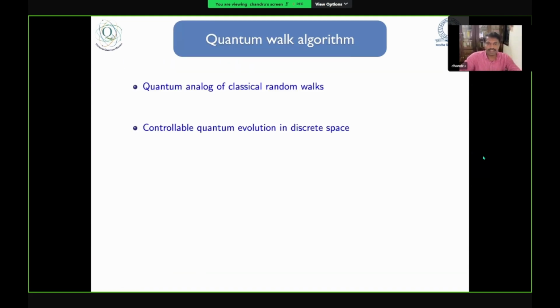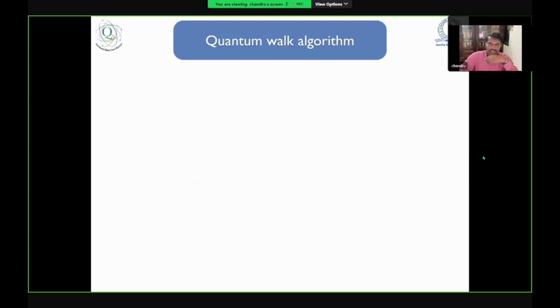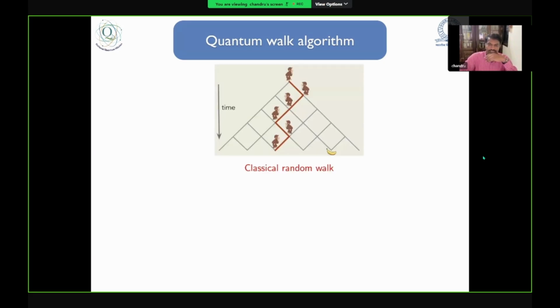In a similar way, and in the interest of time I will also try to run a bit fast, there is a class of algorithms which we call quantum walk-based algorithms, which also implement many physical systems.